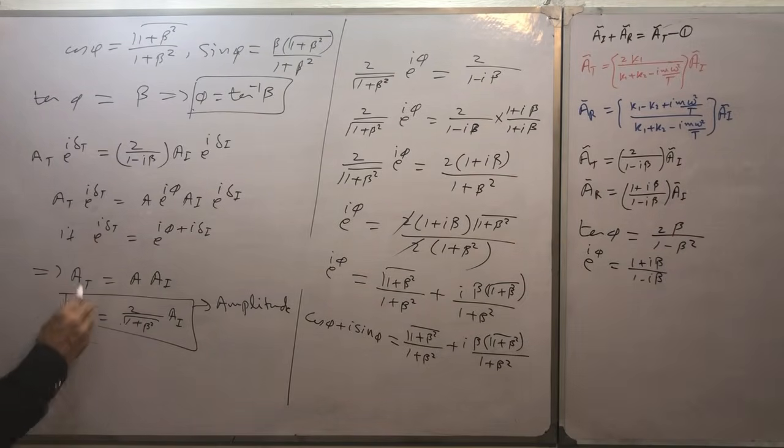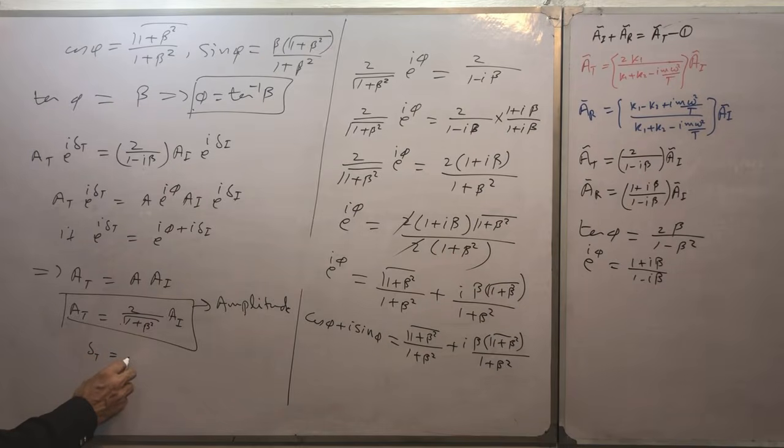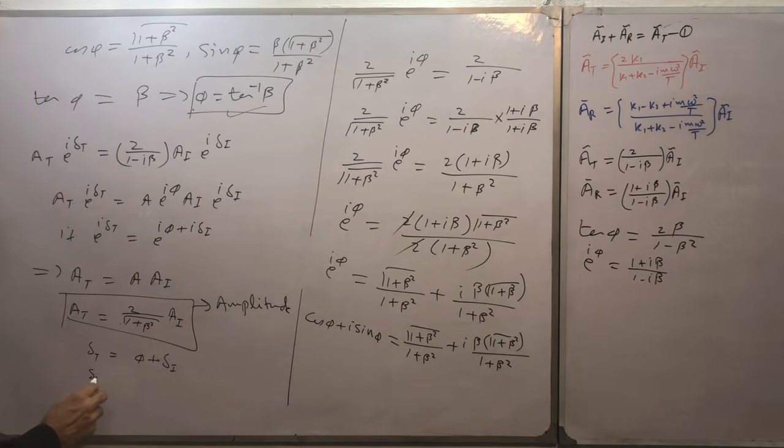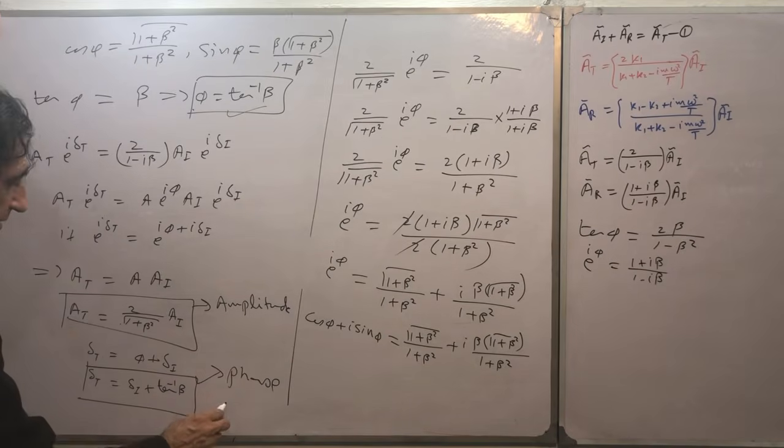From this equation, δ_t is equal to φ plus δ_i, and we have already calculated φ here. Then δ_t is equal to δ_i plus tan inverse β. So this is the final phase of the transmitted light.